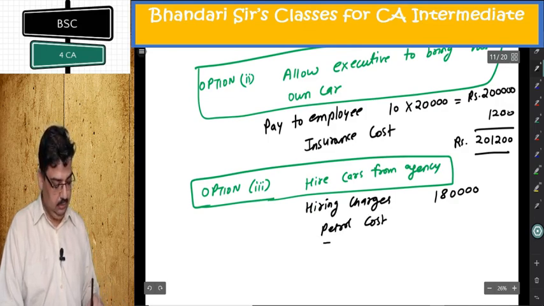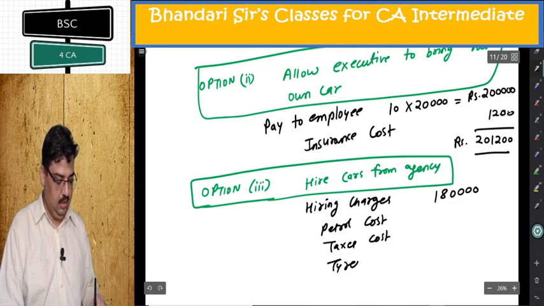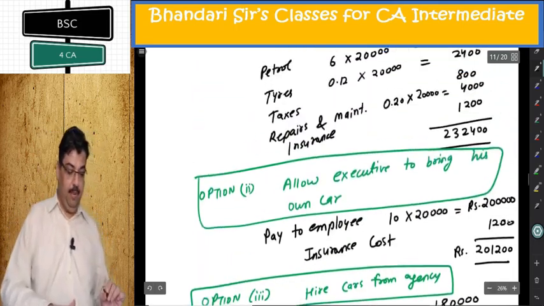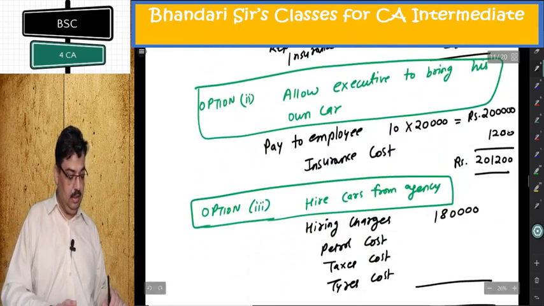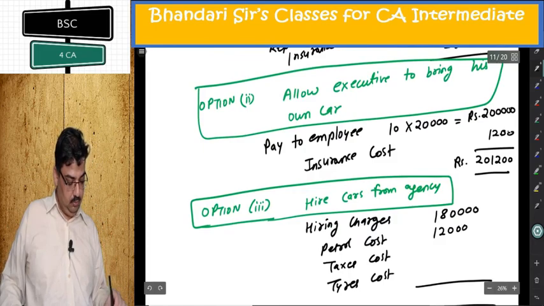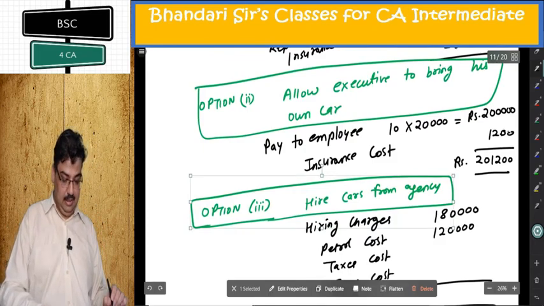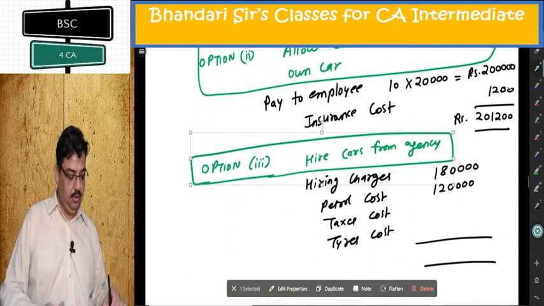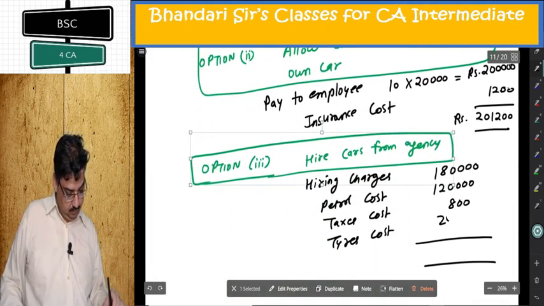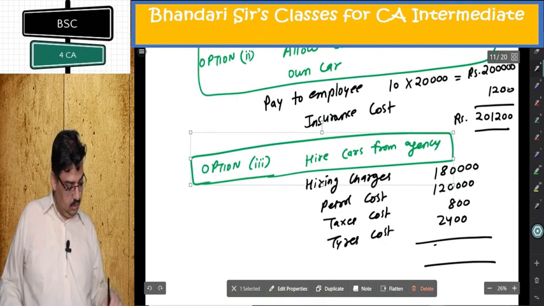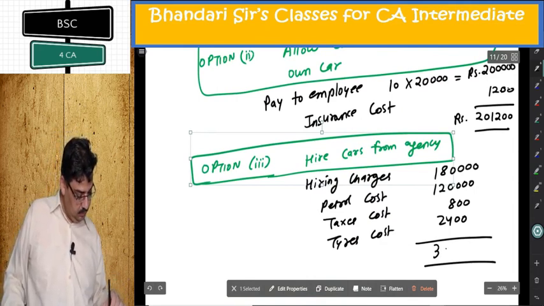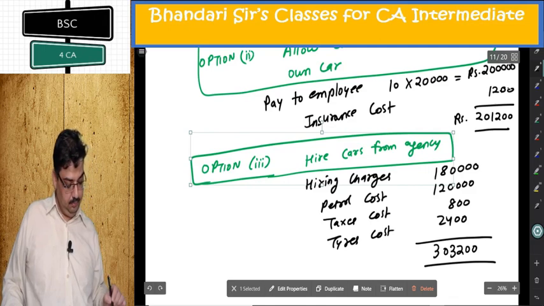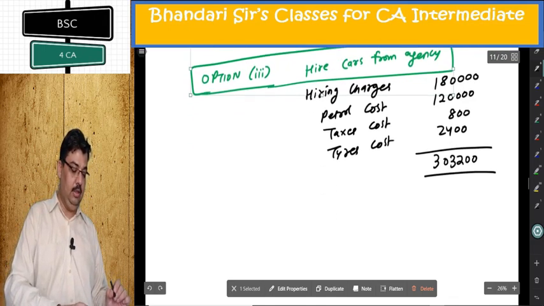Petrol cost, taxes cost, tires cost. No other cost you are going to bear. Petrol was 1,20,000, so it is very costly. Taxes 800, tires 2,400. This is 3,03,200.